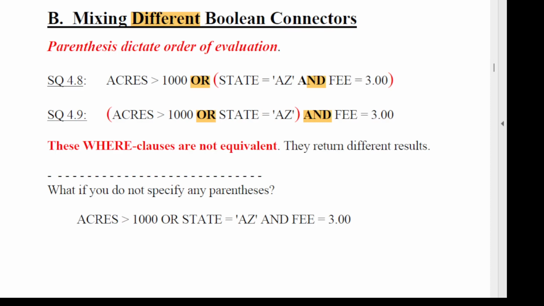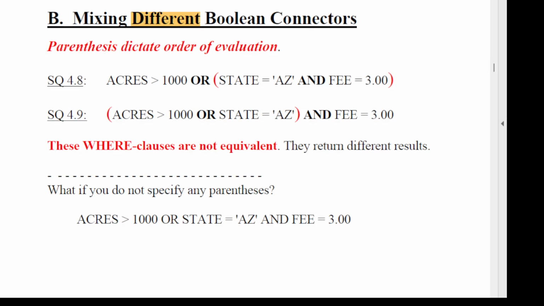The system has to decide to go ahead and do the AND logic first, get a true-false result, and then use the OR condition to take that result and compare it to the first condition, acres greater than 1,000. Alternatively, the system might decide to do the OR condition first and get a result and then do the AND condition. So what does it do first? It does what you tell it to do.